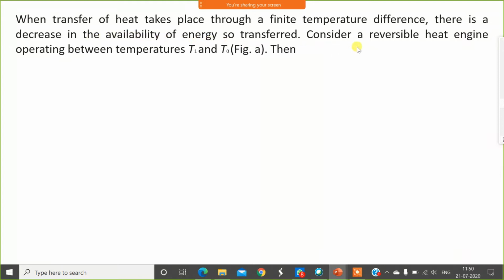Consider a reversible heat engine operating between temperatures T1 and T0. This Q1 is the heat supplied at temperature T1 with a change in entropy delta S, and heat Q2 is the heat rejected at temperature T0.